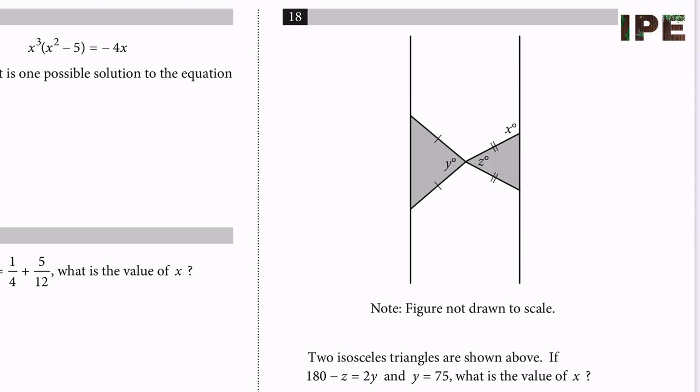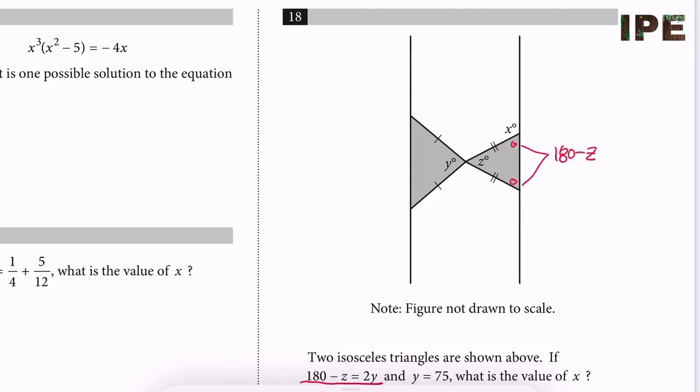Two isosceles triangles are shown above. If 180 minus c equals 2y, what is given? 180 minus c equals 2y. So what is this angle equal to? It is an isosceles triangle, right? The sum of three angles of an isosceles triangle should be 180 degrees. So the sum of these two angles is 180 degrees minus z.